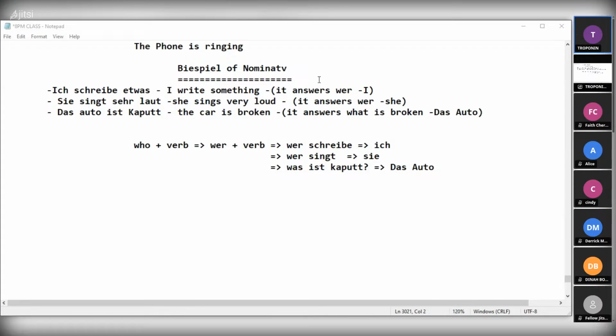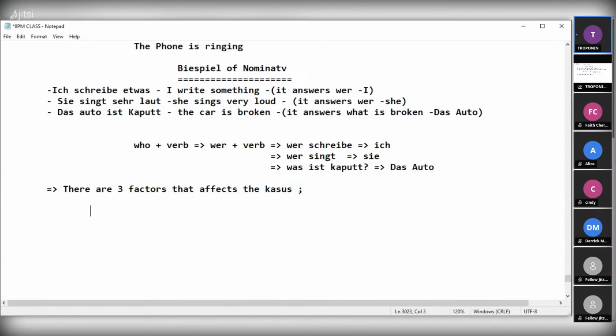Let's write my statement: there are 3 factors that affect the casus in German.